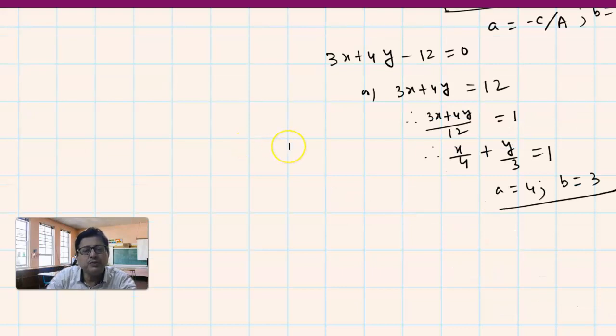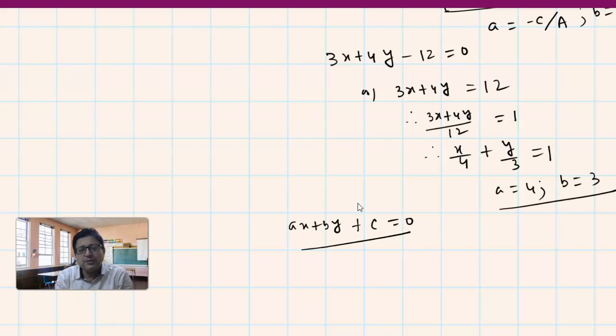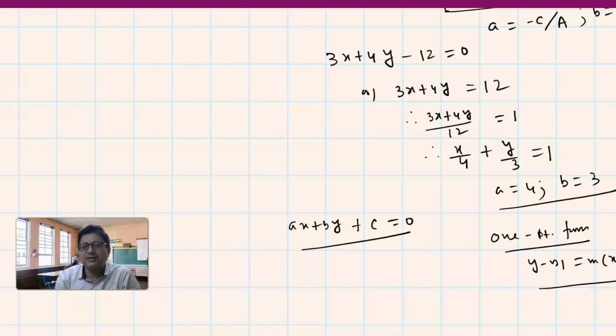Now, is it possible to express the general equation in one point form? If it is done in one point form, then two point form is automatically there. So let us change the general equation ax plus by plus c equal to 0 into the one point form. One point form, you remember, is y minus y1 equal to m into x minus x1.